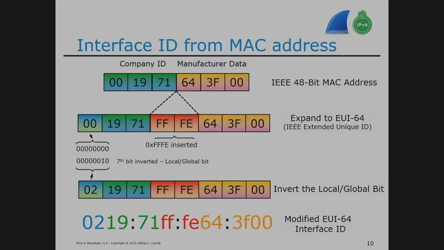The v6 group said, but we want something that knows that we did it, not just simply the EUI-64 process. So they took an unused bit, the 7th bit of the first byte, known as the local/global bit, and inverted it.